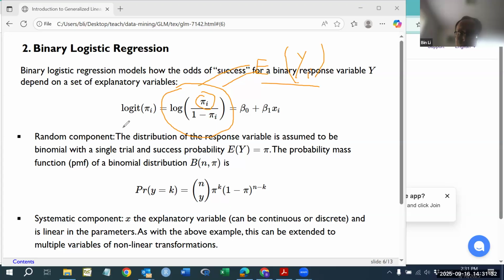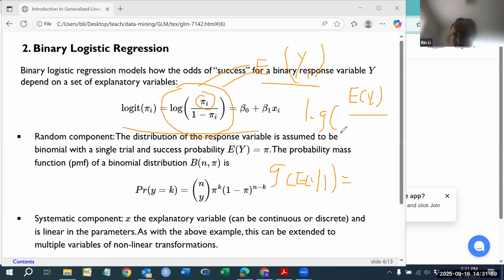So what is the link function? The link function is called the logit link. The logit link, g(E[Y]), is equal to the log of the expected value of y over 1 minus the expected value. I'm replacing the pi by E[Y] so that it's easier to understand.